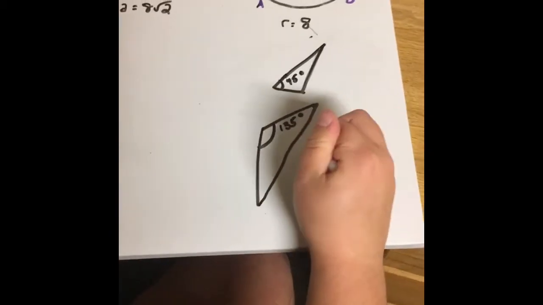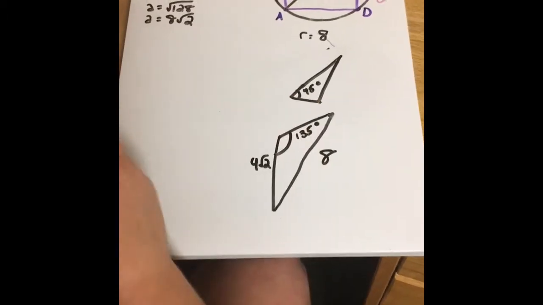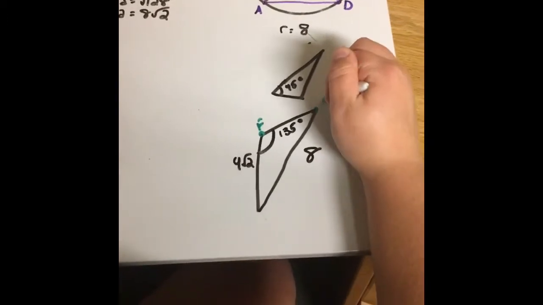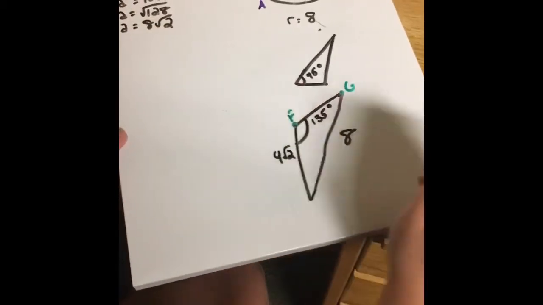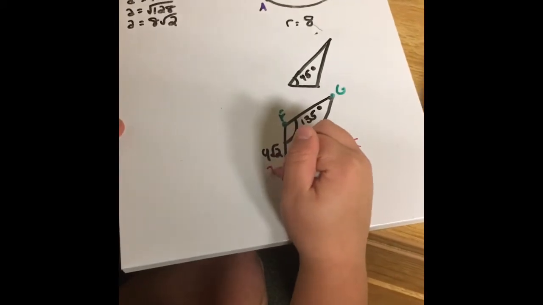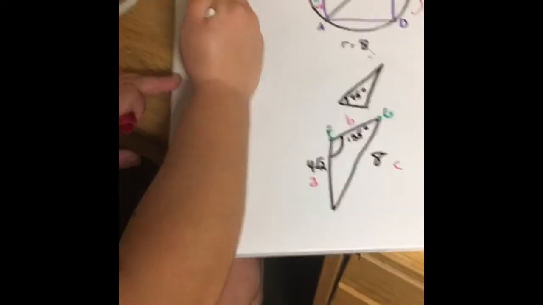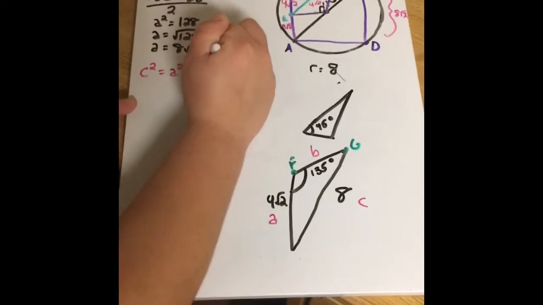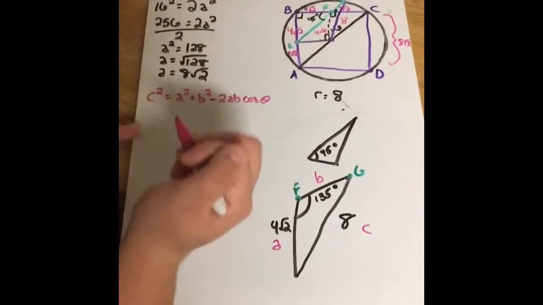And now that we have an angle and two lengths, we can find FG using the law of cosines. So this here, 8 will be your C, and we'll call this A and this B. So the equation for the law of cosines is C squared equals A squared plus B squared minus 2AB cosine of theta.